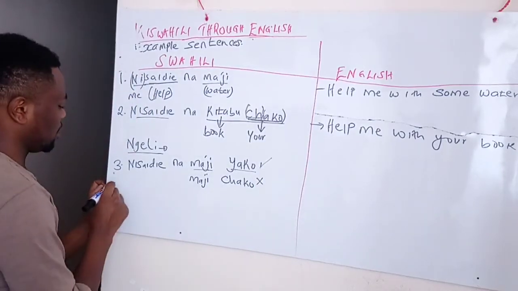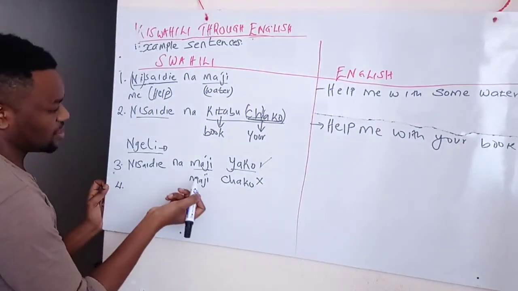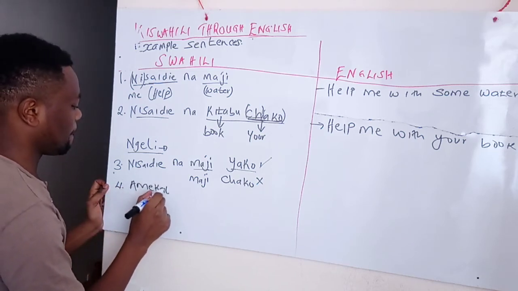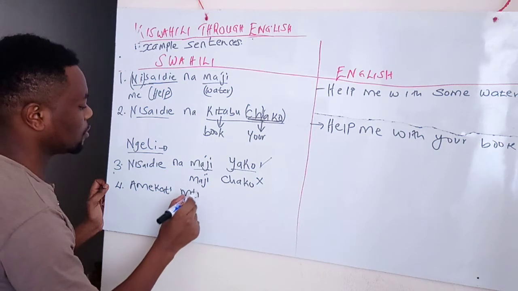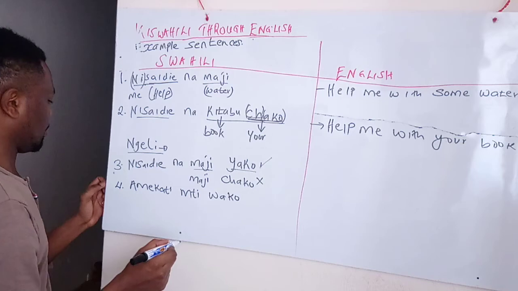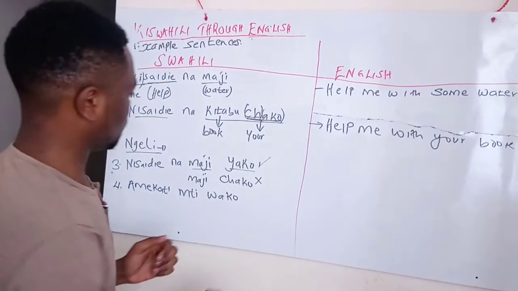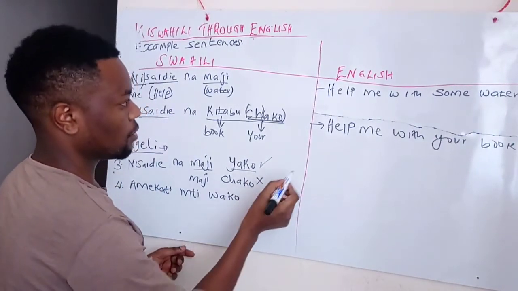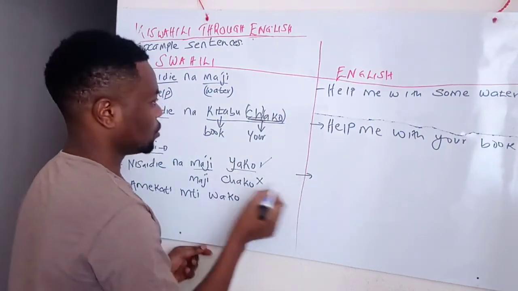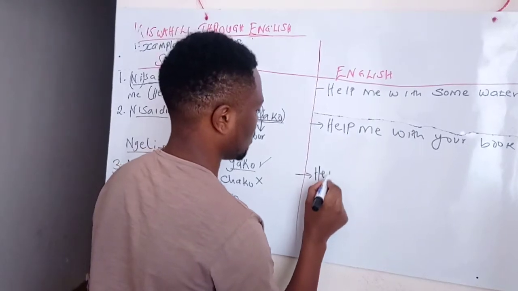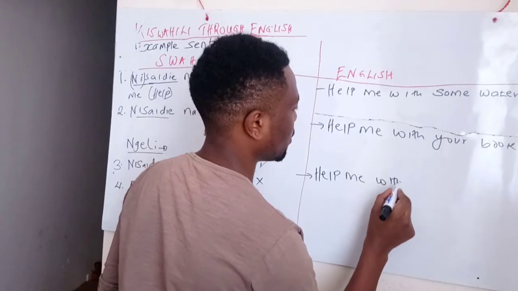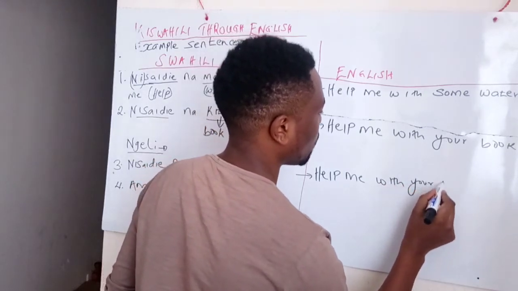Or if you are saying something like amekata mti wako. In this sentence, at number three here, I had forgotten, this one should be "help me with your word".